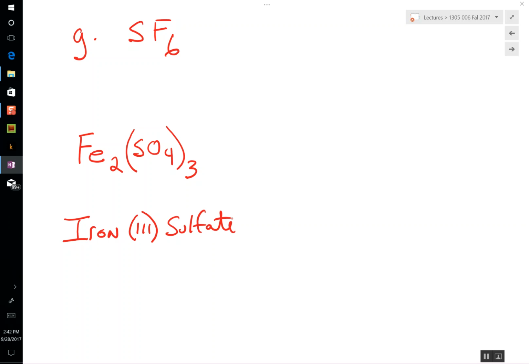For example, I could have said, okay, name that compound. Those are both iron sulfate compounds. They both exist. We can buy a bottle of each of those. We might even have a bottle of each of those over there. For all I know, we probably do. Iron sulfate. So we have to distinguish them.